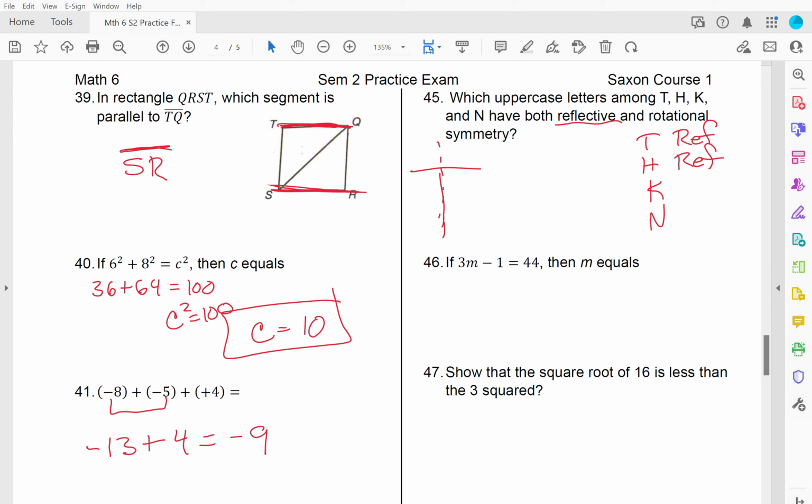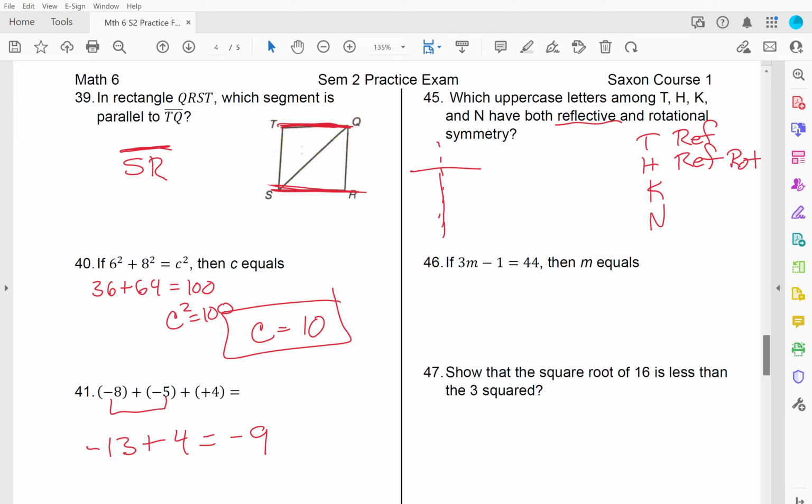Alright, so rotational means if I turn it 90, 180, any amount less than 360, and it looks exactly the same, then it's rotational. So T does not have rotational. H does, because I can flip it upside down and it's going to look the exact same.